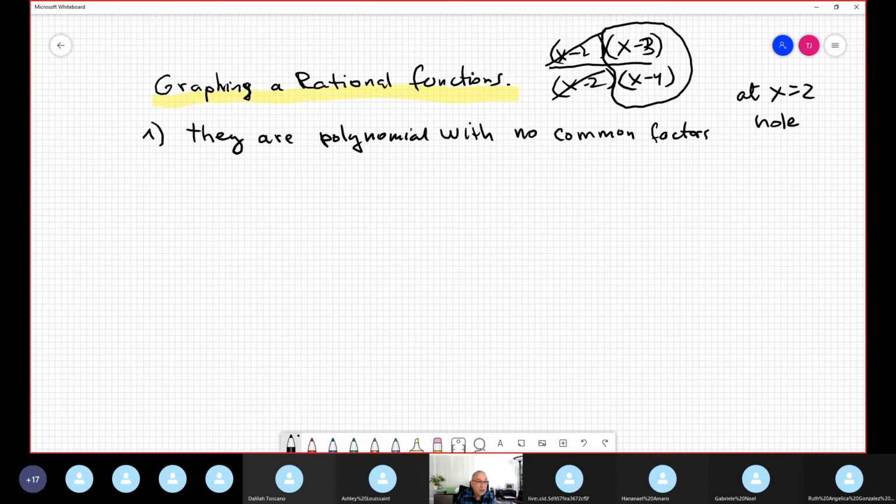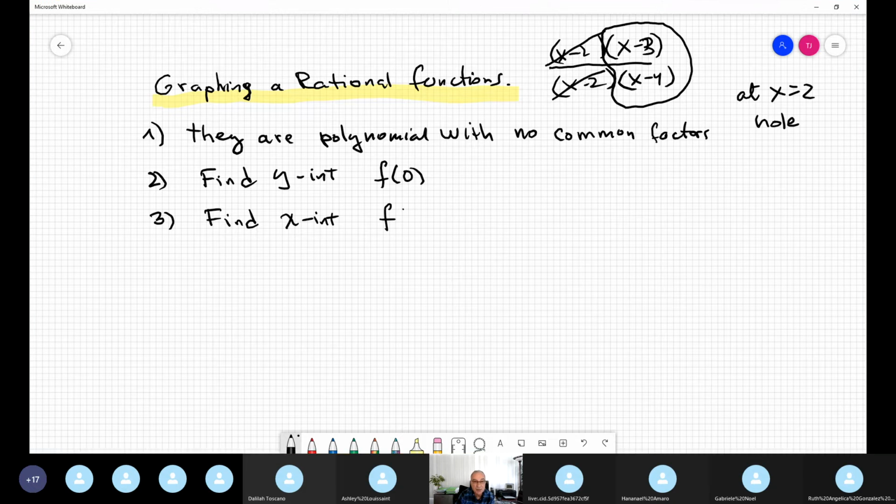Step two is important: find the y-intercept. And what is the formula for finding the y-intercept? You evaluate the function at 0. This is the formula, and this is an extremely important point. Secondly, find the x-intercept. The x-intercept is f of x equals 0.